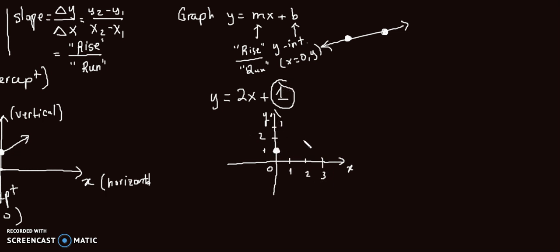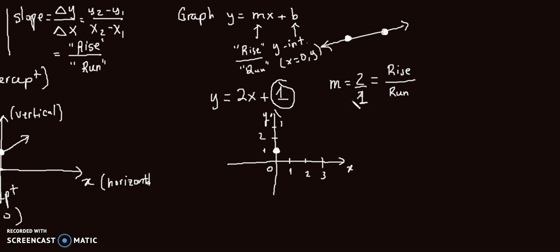The first point is this one over here, and then you have slope m equal to 2. The definition is rise over run, so I can express the number 2 as a ratio, 2 divided by 1.